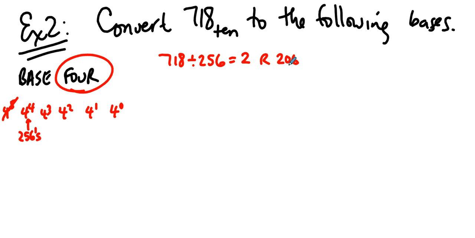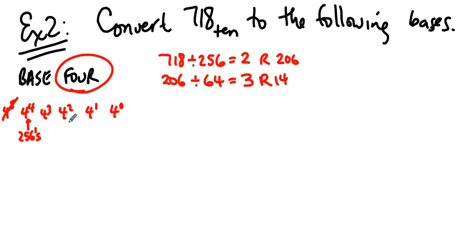Well, that 206 is going to get distributed among the other places. So what's next? These are the 64s. How many 64s are there in 206? Well, there are 3 and 14 left over. And that 14 is going to get distributed among the remaining places.